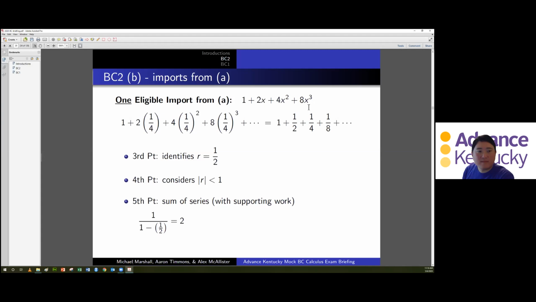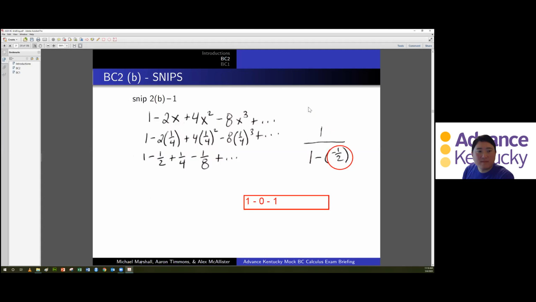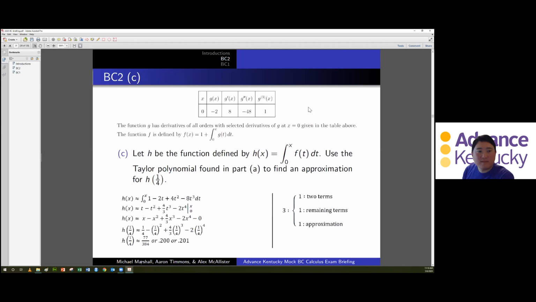Yeah, we're good. Okay. So we are on BC2, Part C, and in Part C, we're going to be thinking about, again, still about that Taylor polynomial found in Part A, and we're asking them to do some integration, work with the integral from 0 to x of f of t dt, and then approximate h of a quarter using that polynomial.